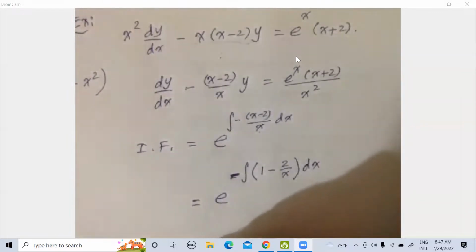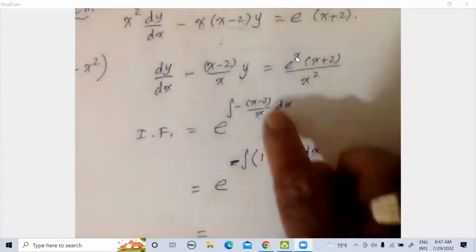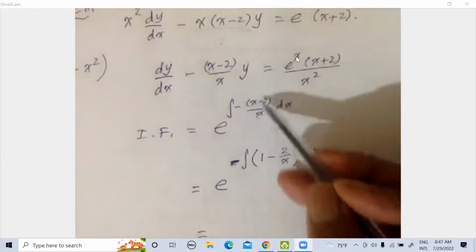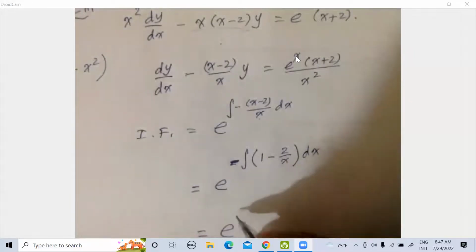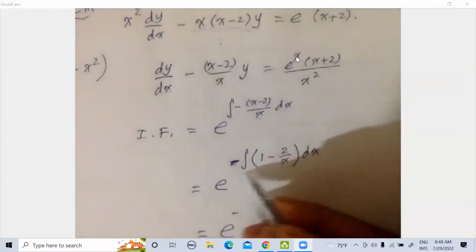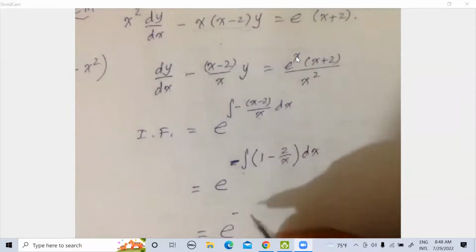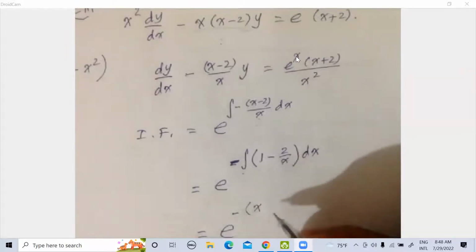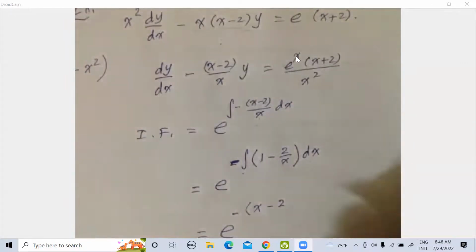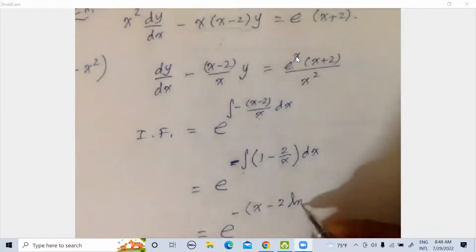You have to divide and do it, otherwise you don't know how to integrate it. So e to the minus, what is this integral? The integral of 1 dx is x, then minus 2 ln absolute x.